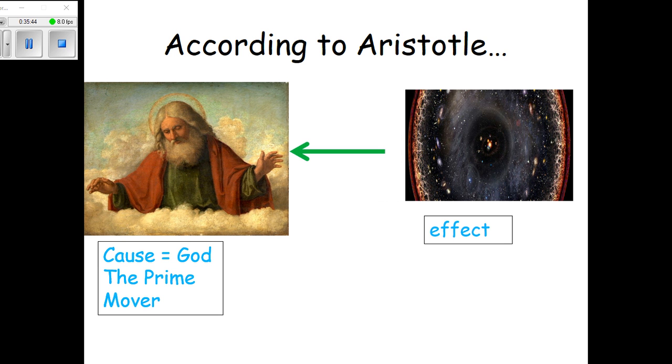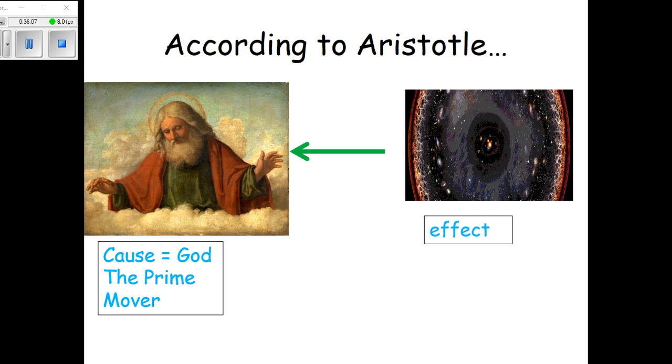And Aristotle thinks of various solutions. One of them could be that the universe has always existed, it has no cause, but he doesn't like this. Another suggestion could be that it causes itself, but that's not possible. How can something cause itself? That means it has to exist before it existed in order to cause its own existence.